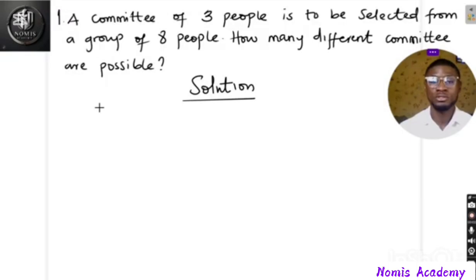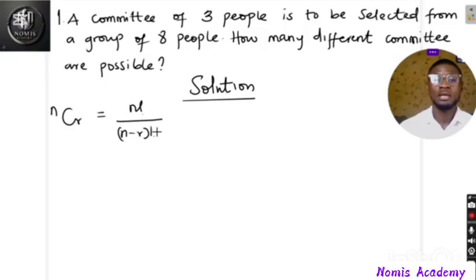Since we've seen that it's a question from combination, just take the combination formula, saying n combination r, which says n factorial. So from this question, we have seen that our n is what now? 8, because we have to select 3 people from a group of 8 people. So the entire population from which we are going to make our selection contains 8 people.